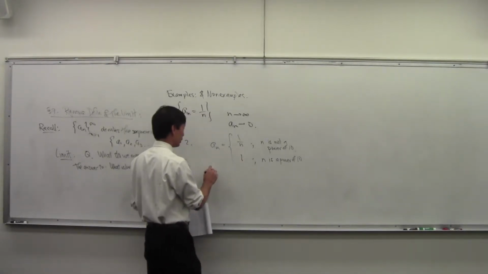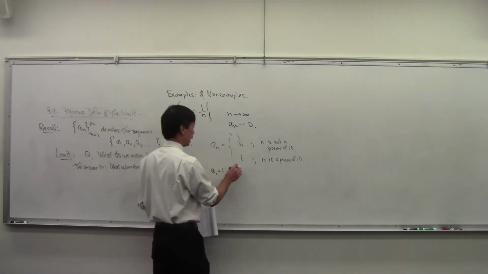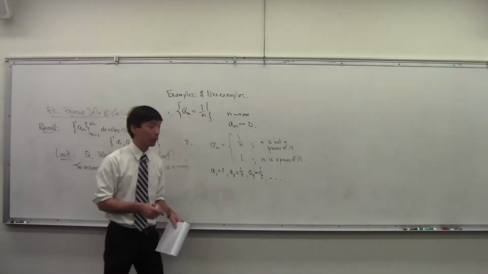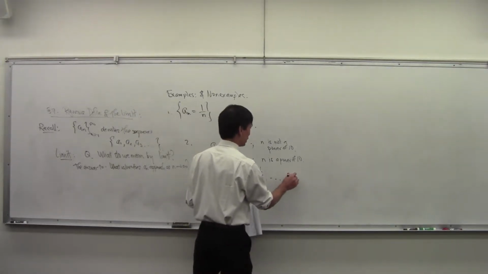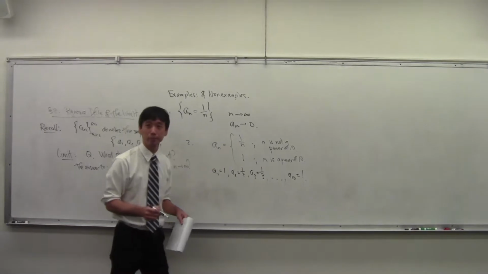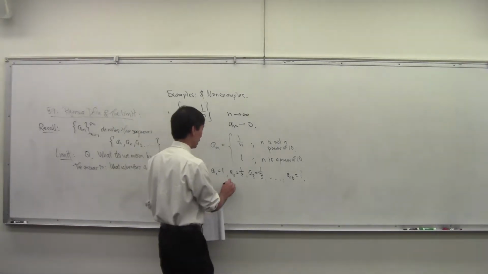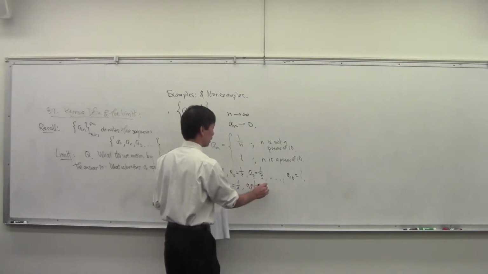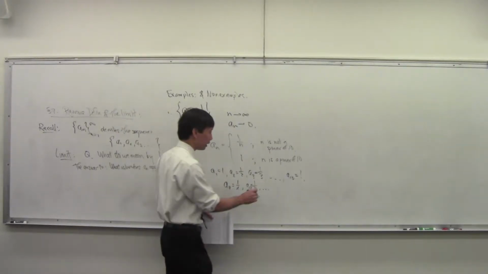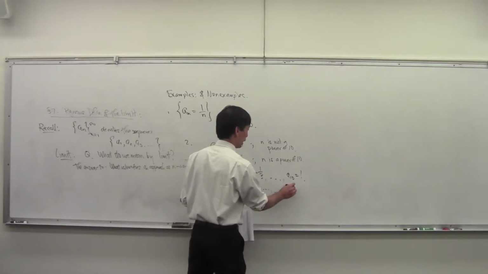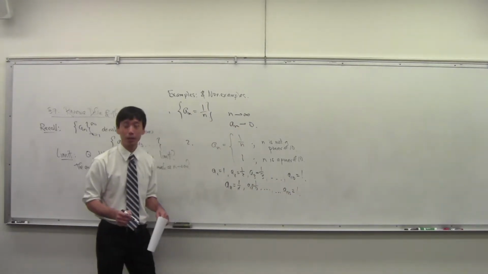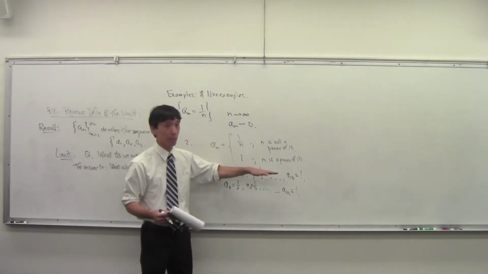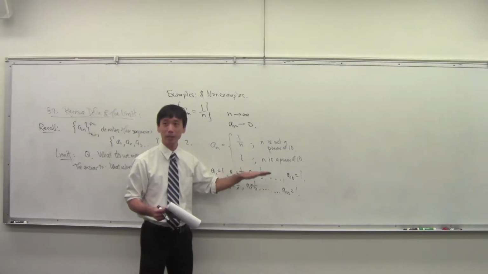Well, A1 is 1, A2 is a half, A3 is a third. It looks like the first sequence, but when you reach A10, you get a 1. A11 is 1/11th, A12 is 1/12th, etc. Things go fine until you reach A100, at which point you get a 1 again. So it looks exactly like this thing, but at A10, A100, A1000, A10,000, etc.